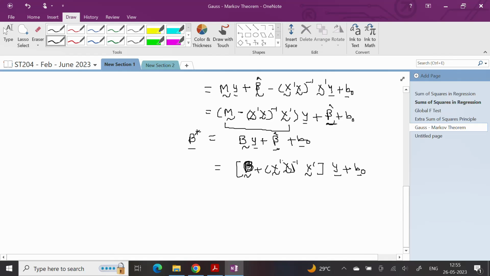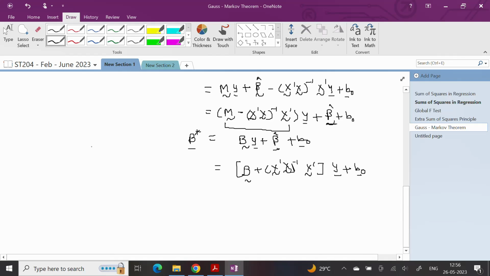So this is b plus this beta hat, we are writing as x prime x whole inverse x prime into y. Okay. So we have expressed the new beta star as something like this.